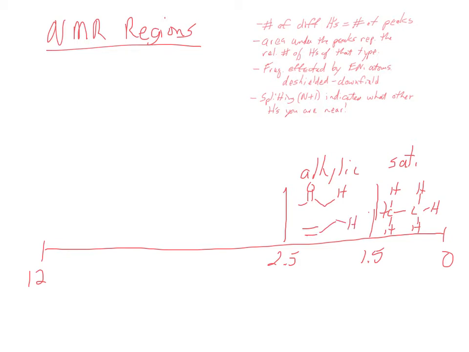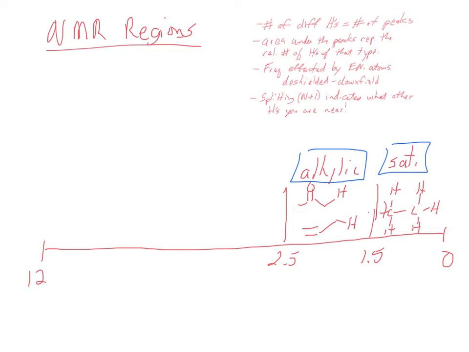Things that are not directly bonded to something electronegative, but maybe they're 1-2 bonds away. They're not fully feeling it, but they're more than saturated. So those are allylic. All right, this is coming right from the sheet you've been using all along.